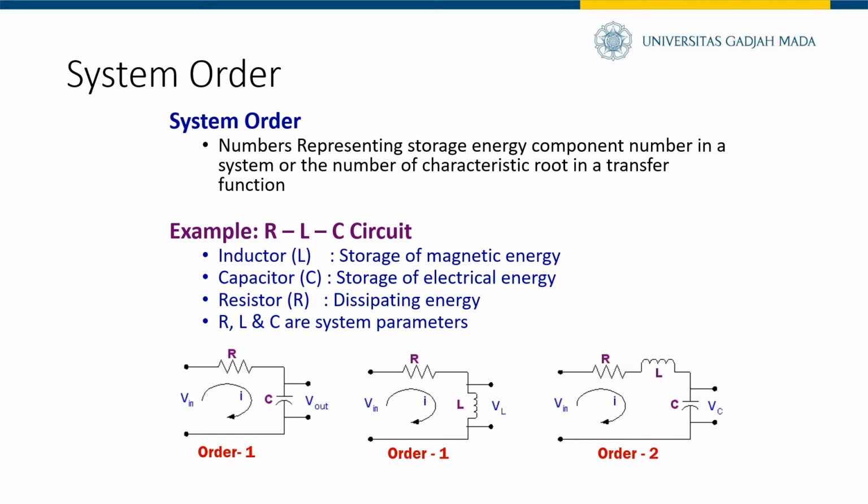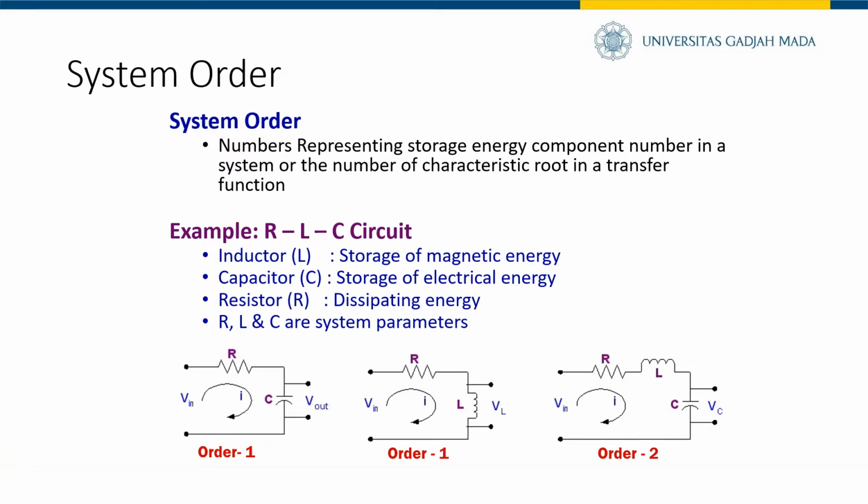What is system order? System order is a number representing the number of energy storage components in a system, or the number of characteristic roots in a transfer function. So for example, we have this kind of system.